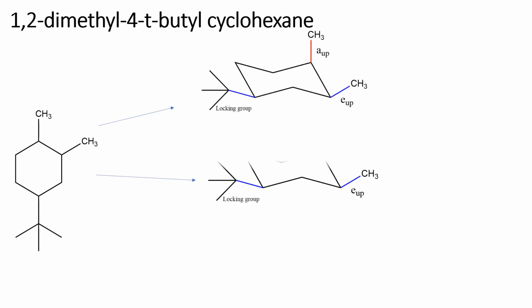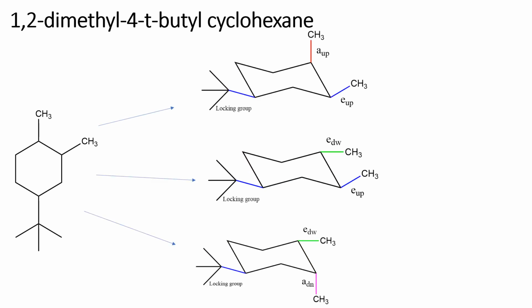So if we take the 3 group case, whenever 3 groups are present, we have to write 3 different conformations for this one. One is up, this is down, this is up and this is down. Now which one is more stable? Where all the groups are in the equatorial position.